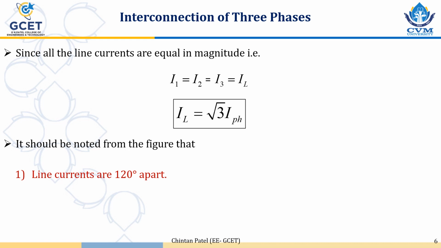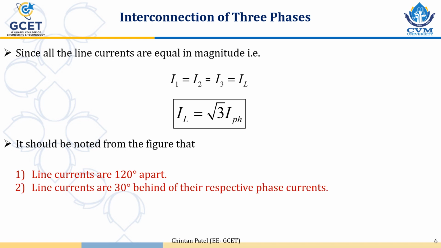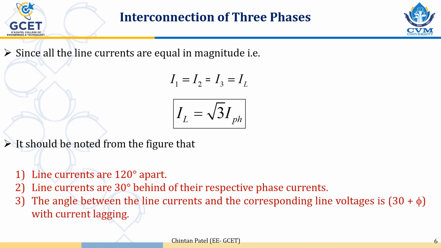Phase voltages and line voltages are also 120 degrees apart from each other. The line currents are 30 degrees behind their respective phase currents. So that is visible from the vector diagram. The angle between line current and the corresponding line voltage is 30 plus phi, with current lagging. So the line current lags behind the line voltage by 30 plus phi.